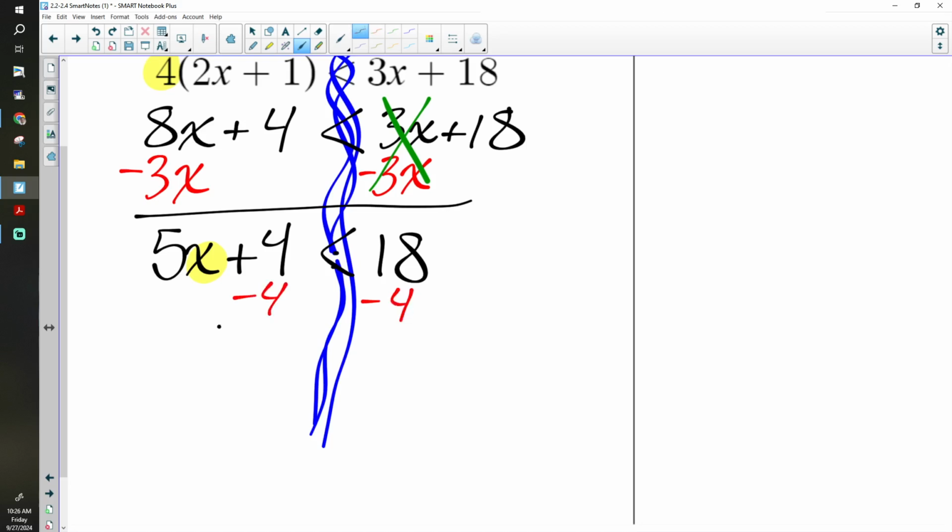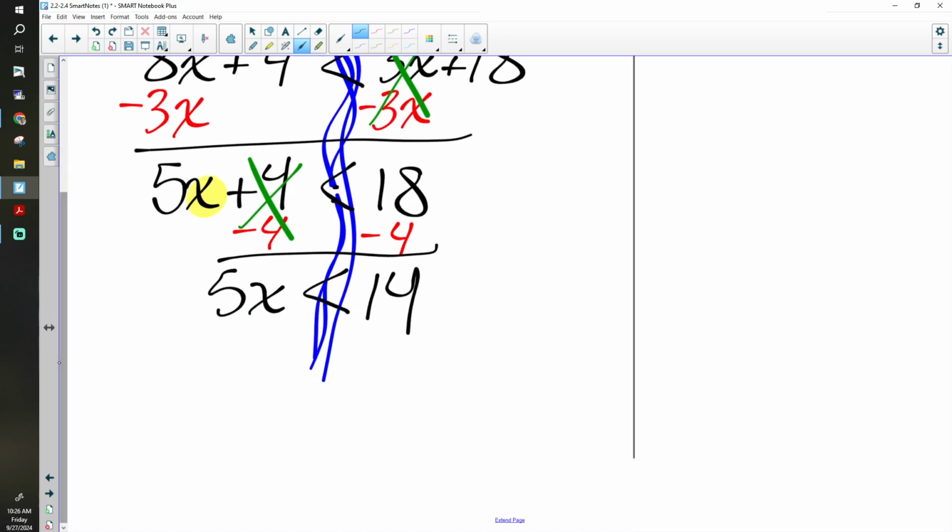Subtract your 4 on both sides. What are you left with? 5x is less than 14. Almost there.